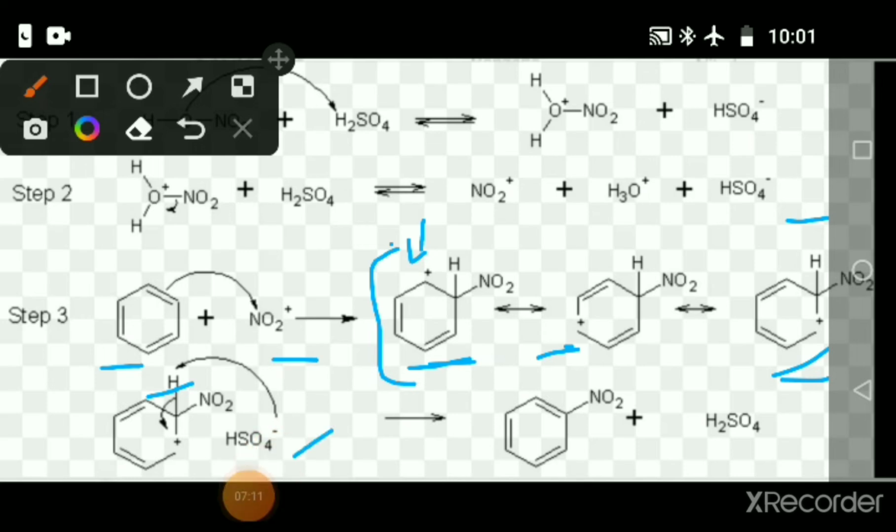Then the benzene with the NO2 nitro group remains. This is called nitrobenzene and H2SO4 is the byproduct. So this is about the nitration reaction.